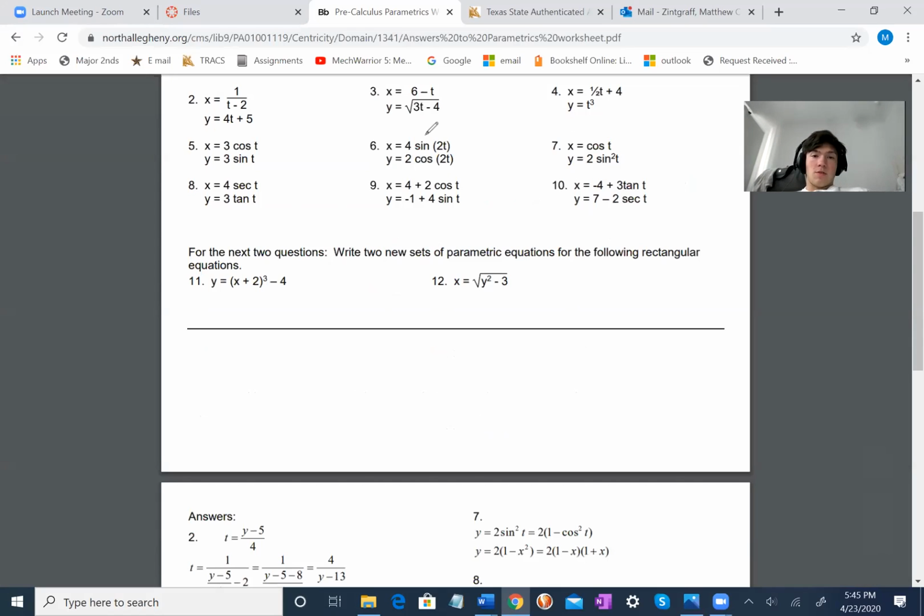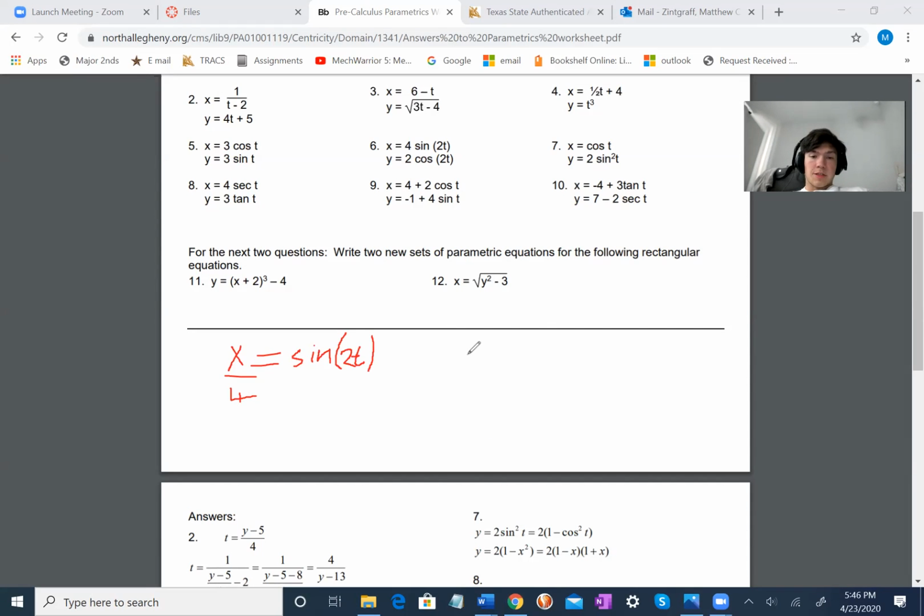Okay, so once again, trying to solve for sine of 2t. So that's going to be x over 4 is equal to sine of 2t.